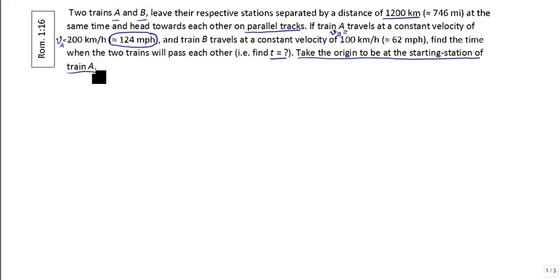To solve a problem like this, it would be helpful to draw a small schematic of what's going on here. So very simply, let's suppose this is where train A starts off. And clear out over here is where train B is beginning.